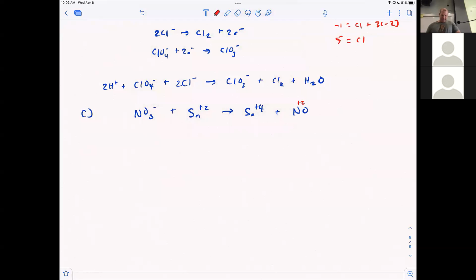Tin plus 2, it's plus 2, and tin plus 4, it's plus 4. So nitrate minus 1 is nitrogen plus 3 times oxygen, minus 1 is nitrogen plus 3 times minus 2. So nitrogen is plus 5.